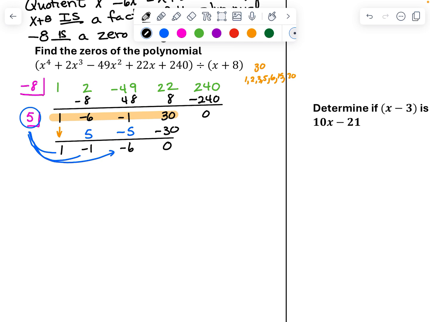Excellent. So now I'm going to do it again, but this time with just these numbers. Actually, if I wanted to, I could take x squared minus x minus 6 equals 0, and I could factor it.